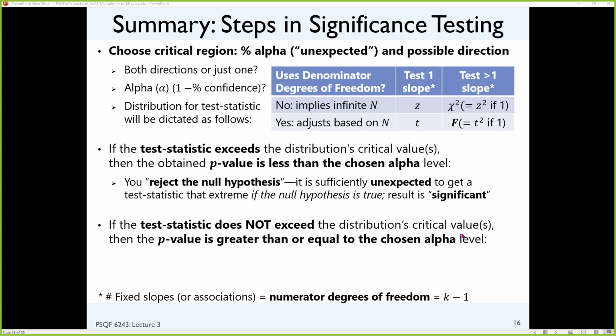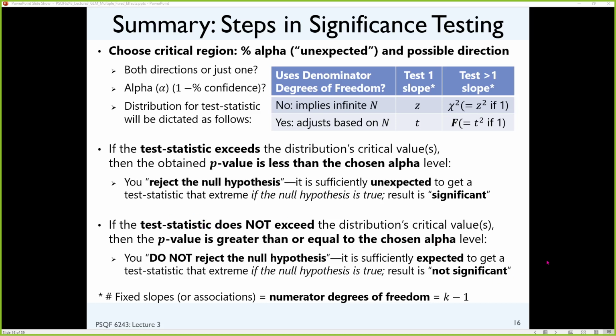The alternative, if we don't cross that 5% magical boundary, if P is greater than or equal to alpha, meaning that we're within expected territory, then we do not reject the null hypothesis, or we retain. Someone can yell at me, but to me those are synonyms. The one thing you can't say is accept. That one you will get yelled at for. You cannot accept the null.